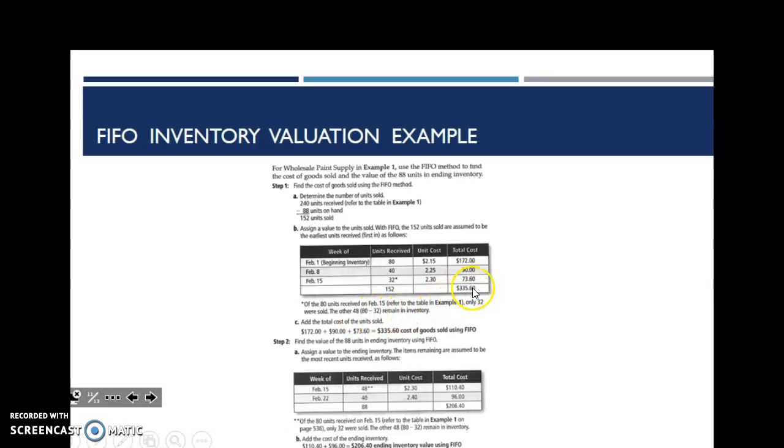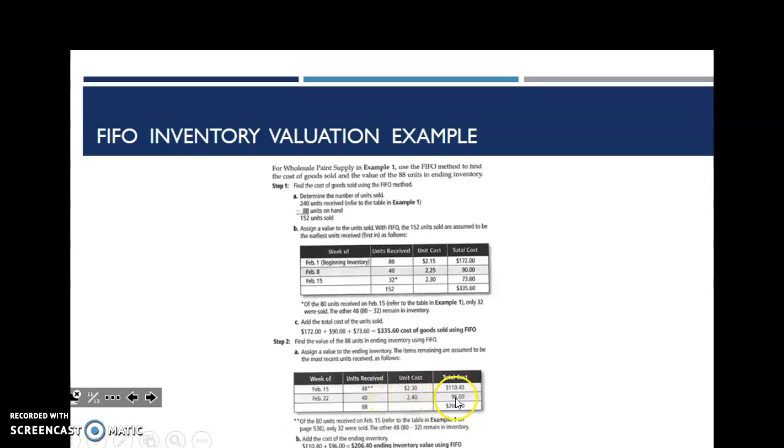So here is the total cost of goods sold for FIFO, because you're taking the first units sold. And now we're going to find the value of the 88 units in inventory. So we go back and we say 48 of the units that we purchased on February 15th at $2.30 are still in inventory, as well as all of the ones that we purchased on February 22nd at $2.40.